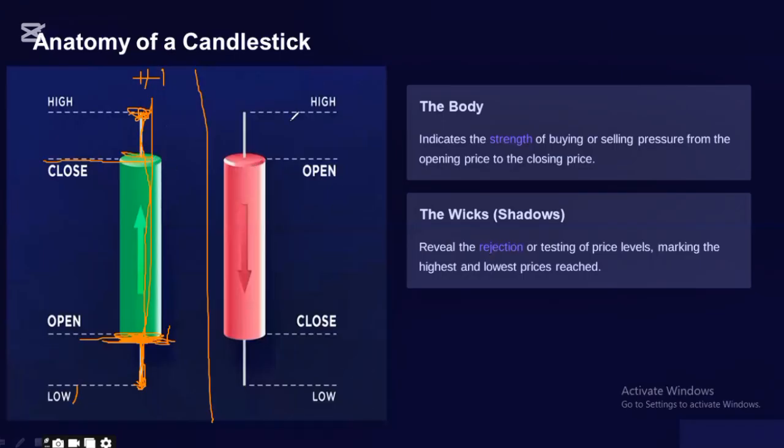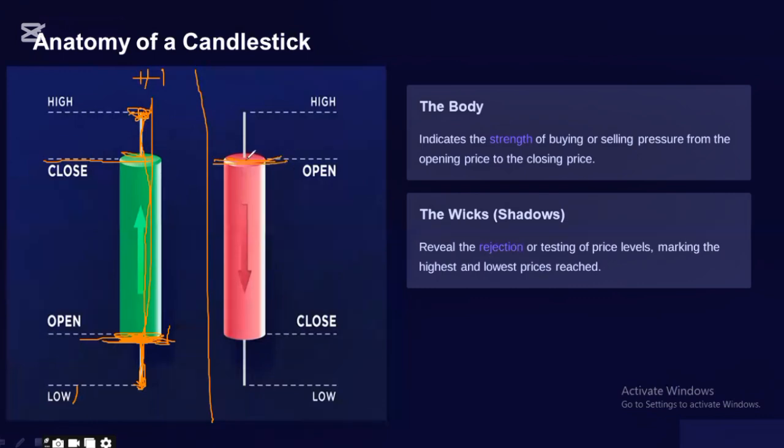Here also, the sell candle or the bearish candle will always open at the top. Please note that down. The bearish candle, the sell candle or the supply candle, anyone you call it, will always open at the top. So based on this candlestick anatomy, the psychology behind it says that the market opened as consolidation or dash.